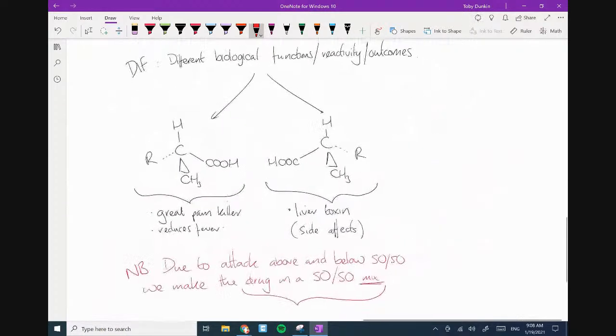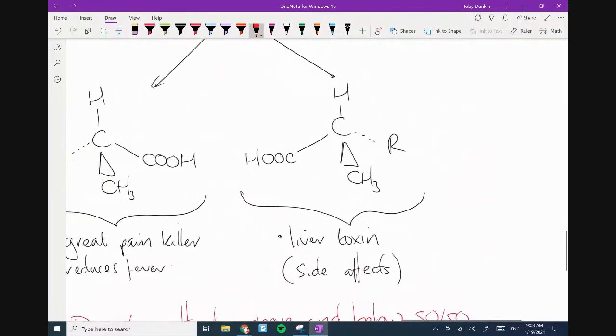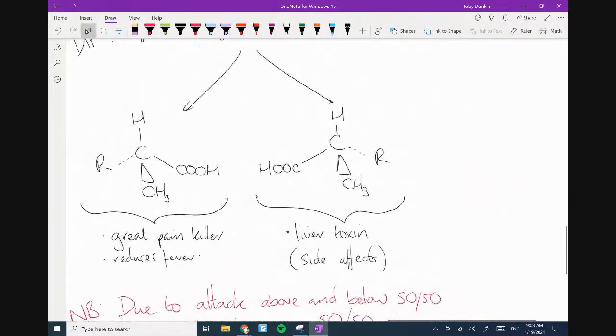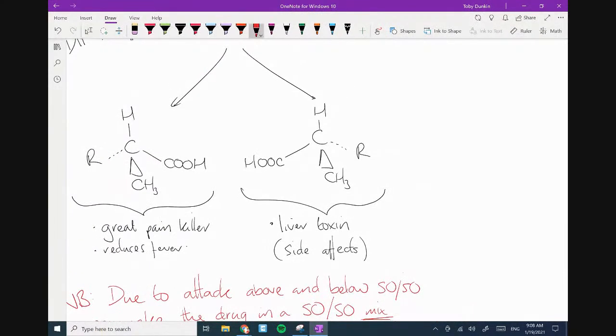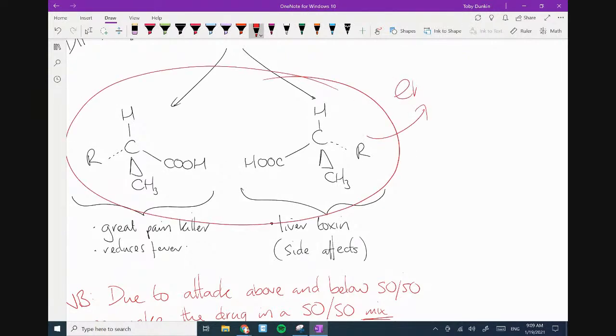By the way, these are also called, another horrible word here. I've been talking about these isomers. They're actually given a really special name. These two isomers are called enantiomers. I know, I'm sorry, folks.